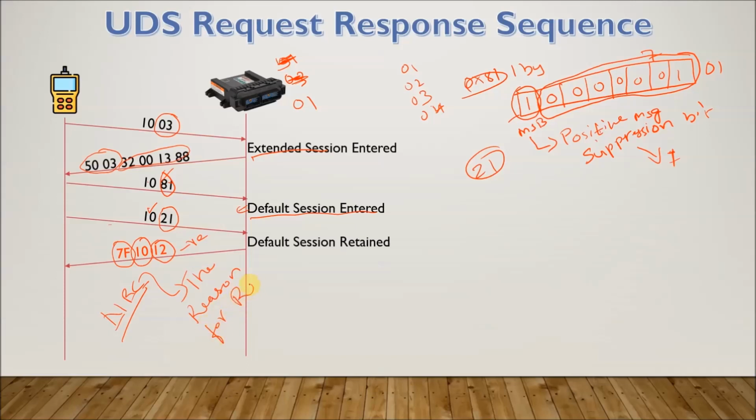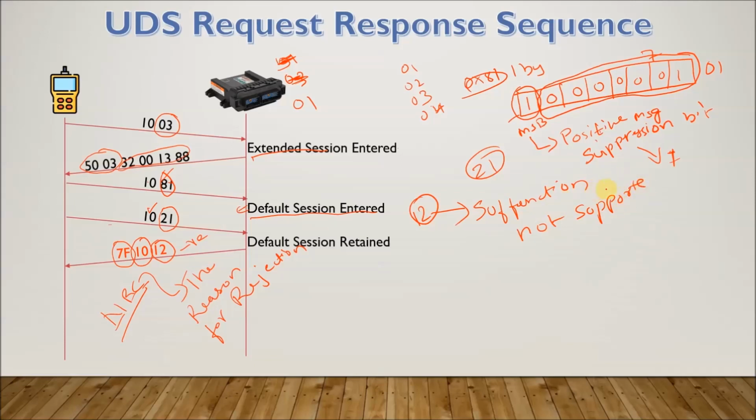Reason for rejection will be told by the NRC. So this 12 is a code which tells that the subfunction is not supported.